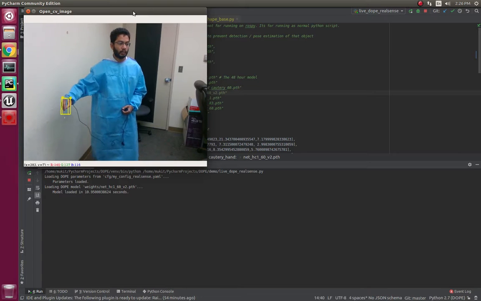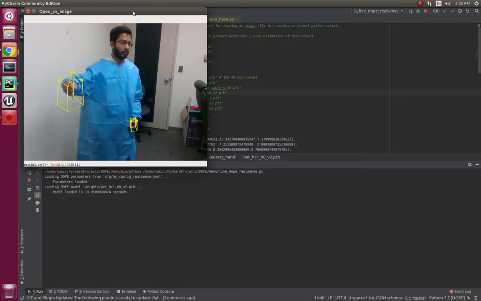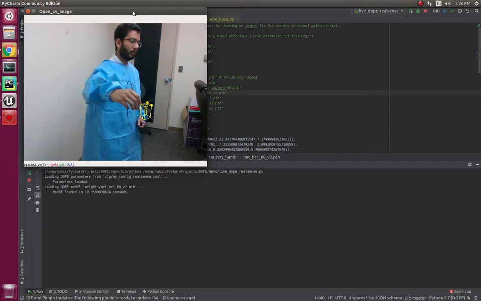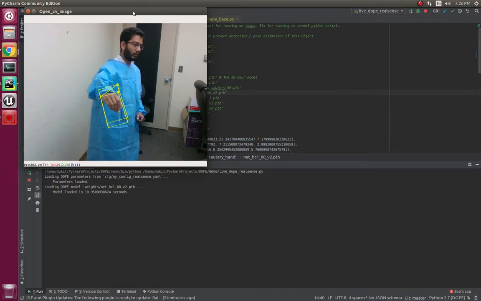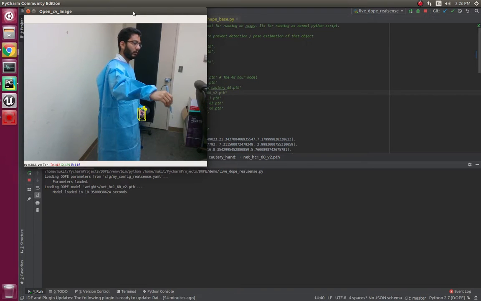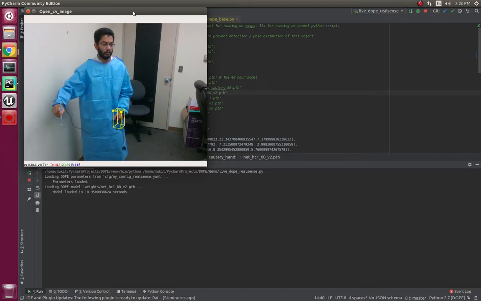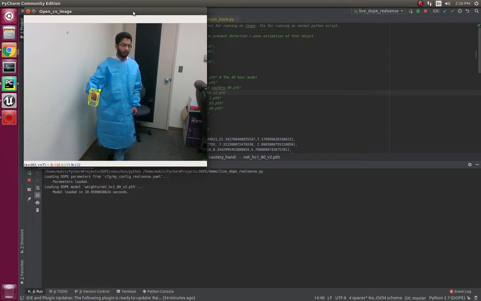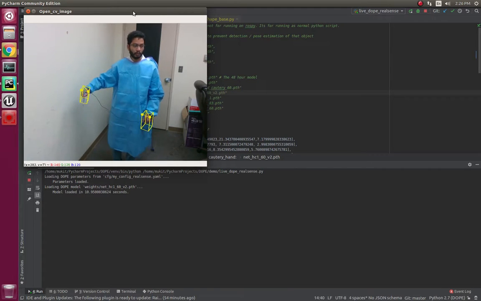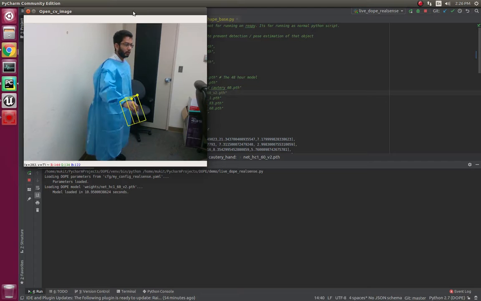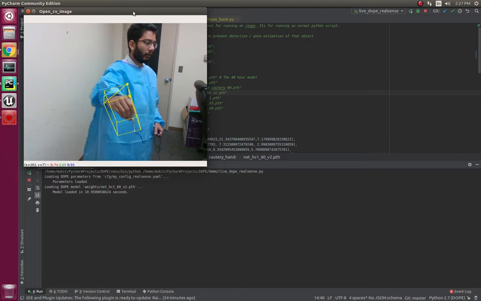So as you can see, it's very consistent. It can tolerate large distances because I kept the range 30 to 200, so now it can detect very close as well as very far.